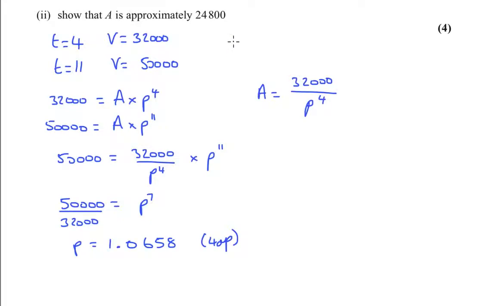But the mark scheme wanted us to show that A was equal to one number when we sub it into the t equals 4 equation, another number when we sub it into the t equals 11 equation, and based on those two values, the best we can say is that A is equal to this number here.